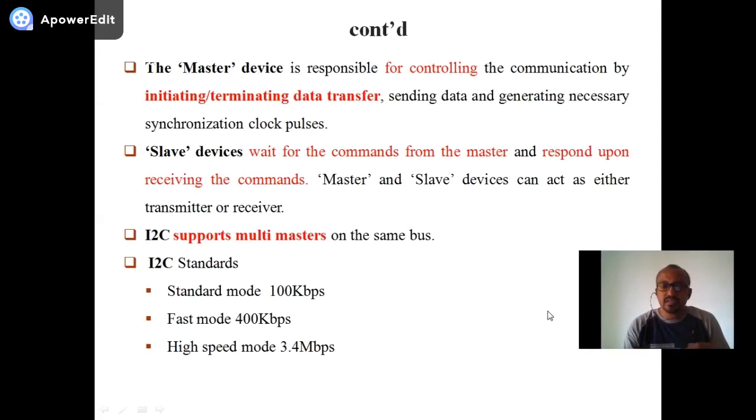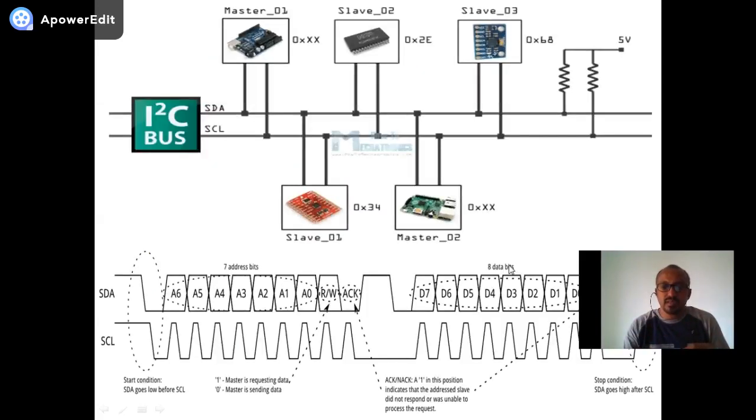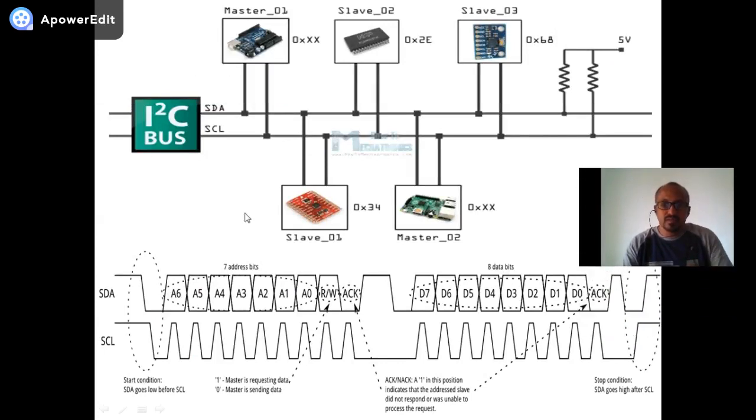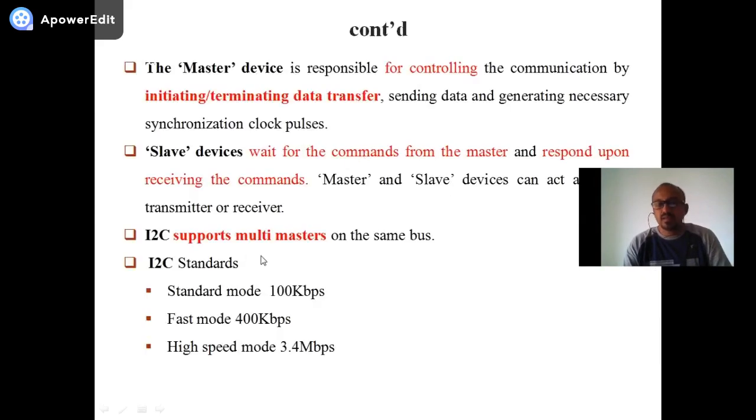When you look at this block diagram, you will get a clear idea. There are two lines, which I am pointing to using the cursor. You can see here SDA and SCL. I2C supports multi-master on the same bus; multi-masters and multi-slaves can be connected.